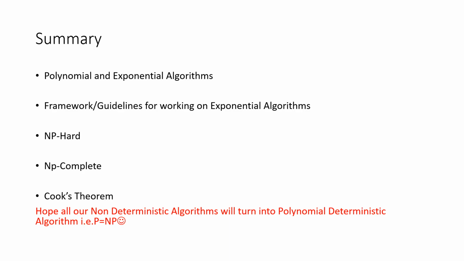So this is the flow: NP, NP hard, NP complete, and polynomial. Okay, this is the flow of it. And what Cook's theorem states is that we can convert a non-polynomial algorithm to a polynomial algorithm with the help of these guidelines, NP hard and NP complete. Understood? That's the concept in this topic.